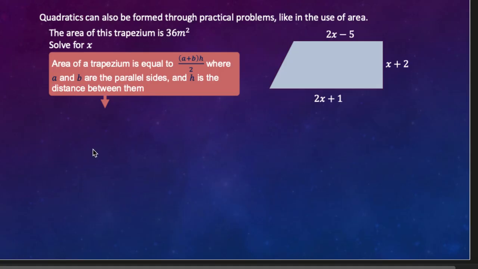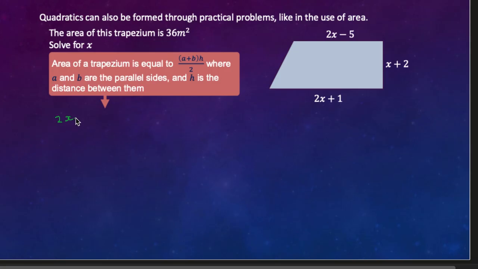Here we have the formula for the area of a trapezium and we have the shape here. The two straight sides that are opposite each other are A and B, and the vertical side is the H, or the height. So all we have to do is substitute in the formula.